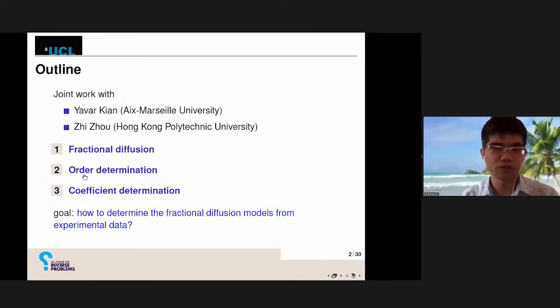One is how to determine the order in the model from the given data. The other is a bit more challenging: we try to determine the coefficient and other parameters. Throughout the talk, I will show you some numerical results and the main ideas. Hopefully, I can convince you that one can do something with the fractional diffusion model just with very simple given data.